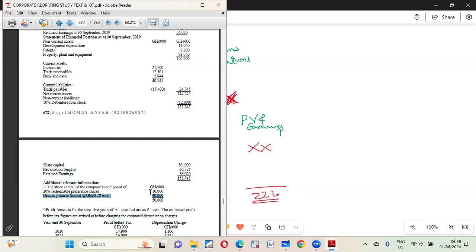So you need to be very, very careful. They gave you the price. If you want the number of shares, this is how it works. These are the basics.